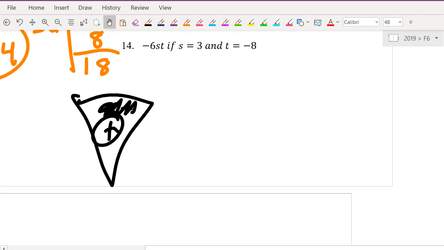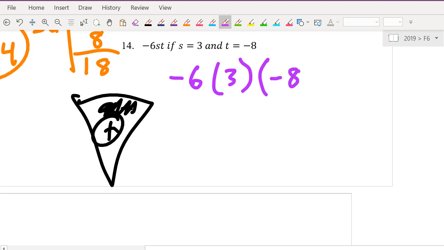How do we do this, please? You first have to know the variables, which are provided. You multiply negative 6 by 3 because s equals 3. First I'm going to write it out. Then it would be times negative 8. So you did first these two?